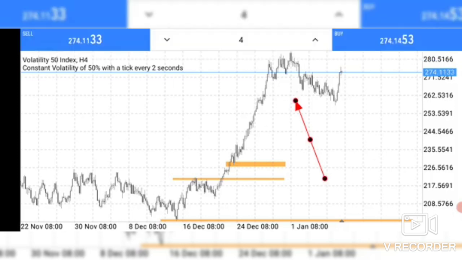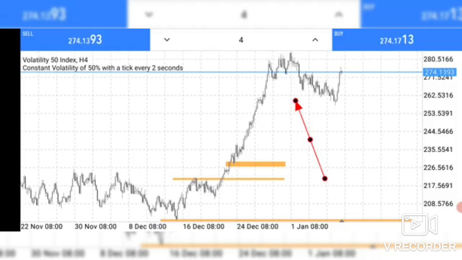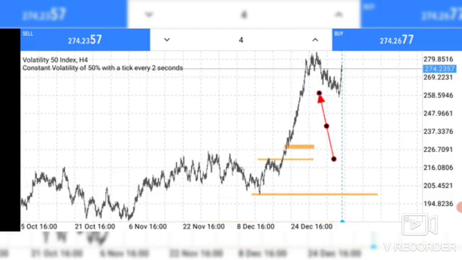The destination will exist, but it will exist at a very far distance, an infinite distance. Because of that, you are going to make as much money as you can. If you want to close the trade when you are satisfied, you can close it. But the aim is to hold that trade as long as possible.